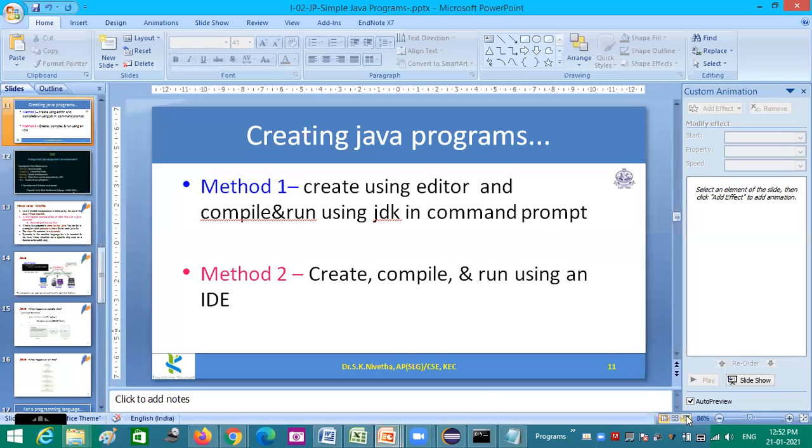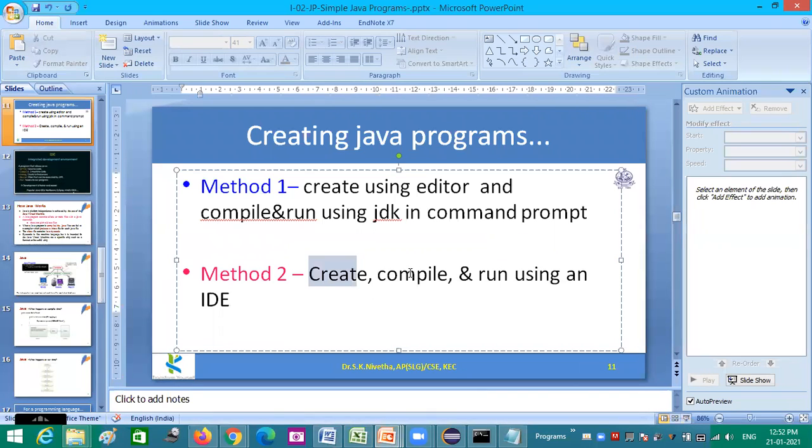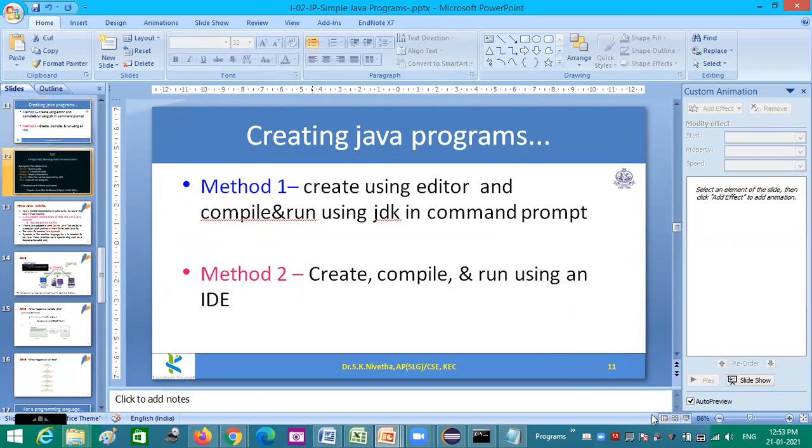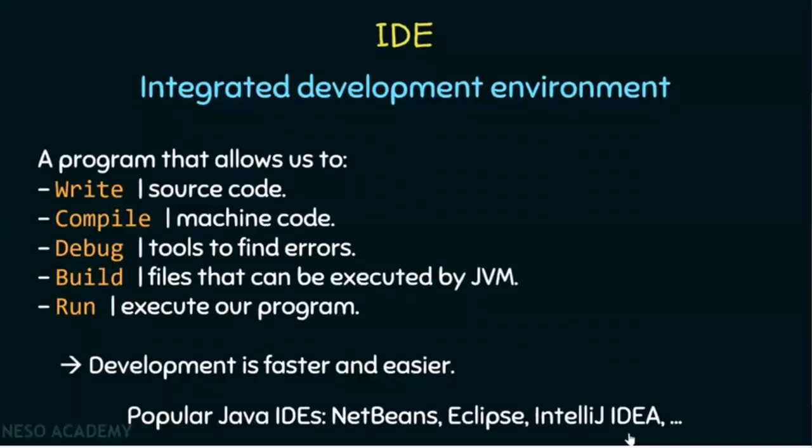Method 2 is to create, compile and run using an IDE. So what is an IDE? IDE means integrated development environment. A complete package that contains the Java software, the editor, running everything, as the same package.